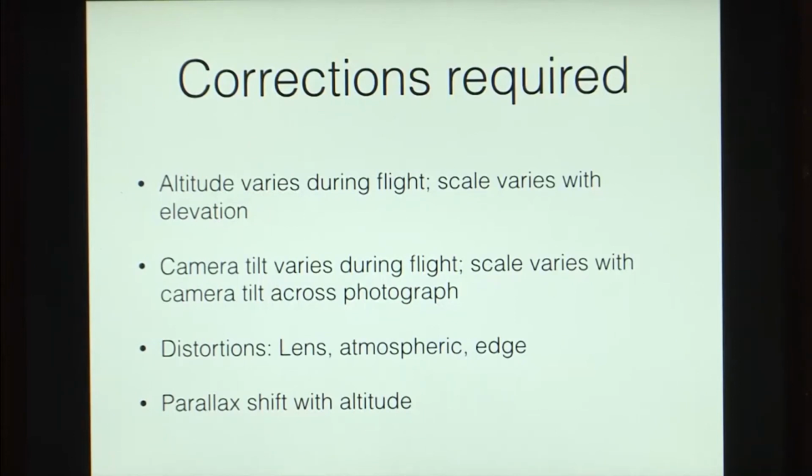Your altitude varies during the flight, and when the altitude varies, the scale varies with elevation as well. The camera tilt might vary with the flight, and the scales will vary with the camera tilt across the photograph. You might also be having a number of distortions, lens distortions, atmospheric distortions and edge distortions that need to be corrected, and there will also be a parallax shift with altitude.